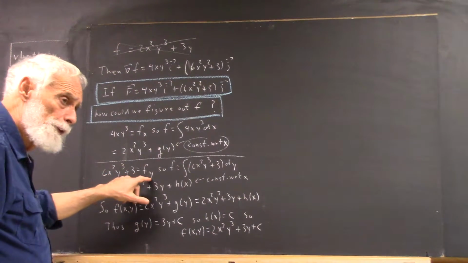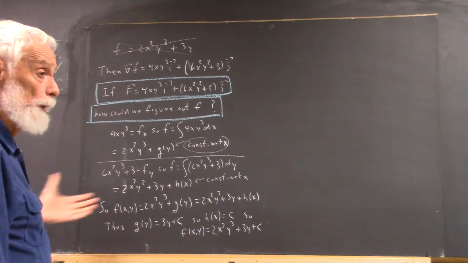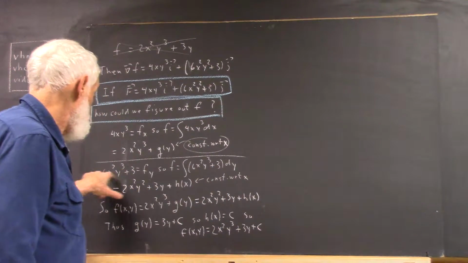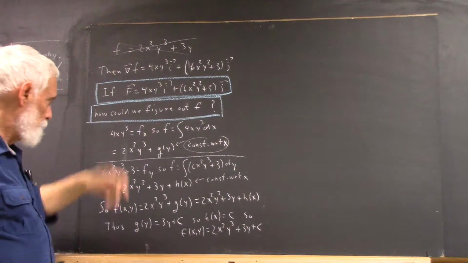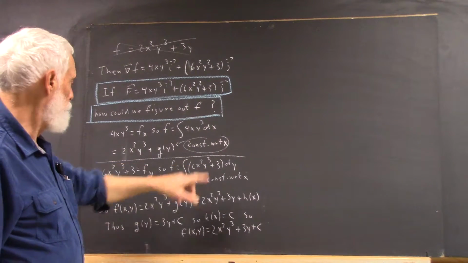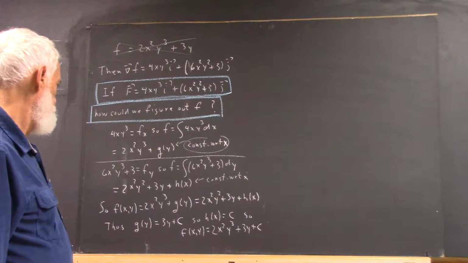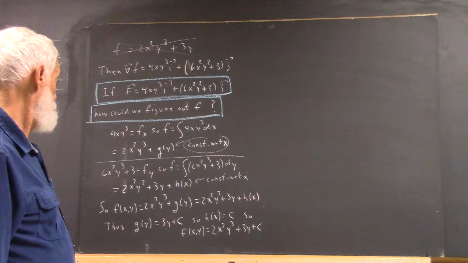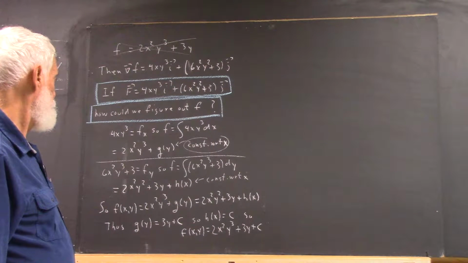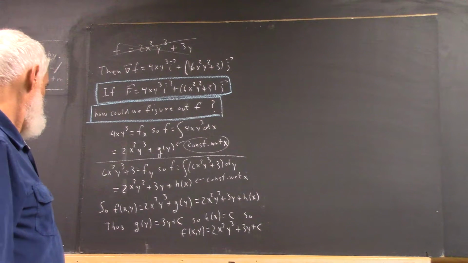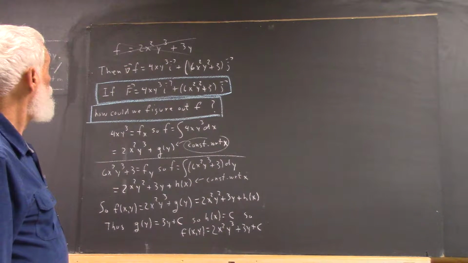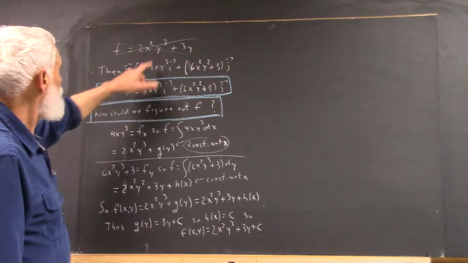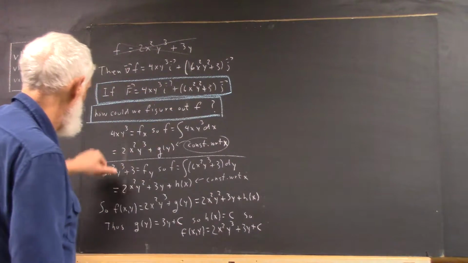Well, then we say, okay, then 6x squared y cubed plus 3 is our fy. So what is our f function? Well, it's going to be an antiderivative of this with respect to y. Our general antiderivative of y cubed is y to the 4th over 4.